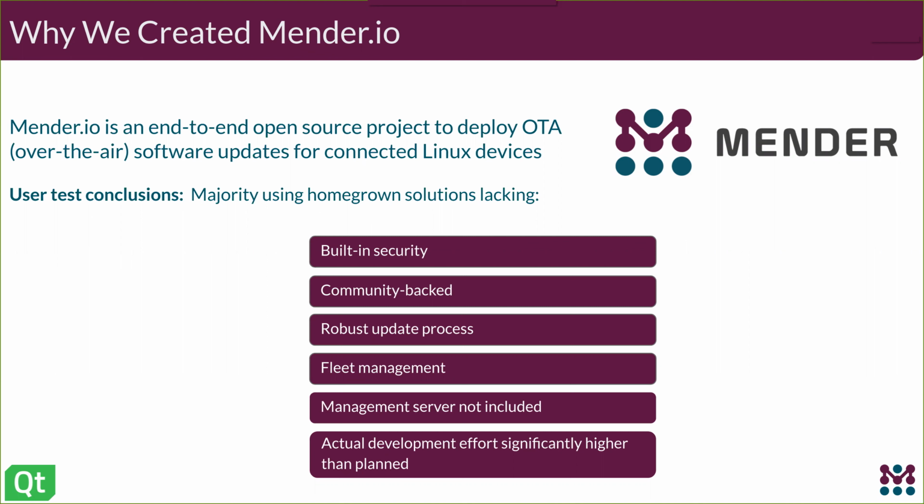So there was no real community around the over-the-air update solution. They were also lacking in regards to robustness, and maybe not able to handle all the edge cases which are present in the environment that we are in.